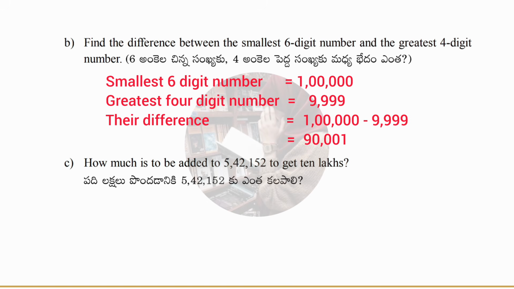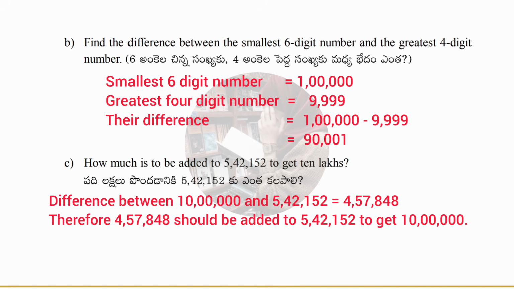Let's see the third question, which is how much is to be added to 5,42,152 to get 10 lakhs. For that, we have to subtract 5,42,152 from 10 lakhs. Then we'll get the amount that we have to add to 5,42,152 to get a total of 10 lakh.